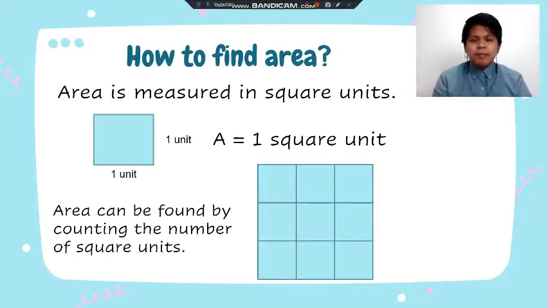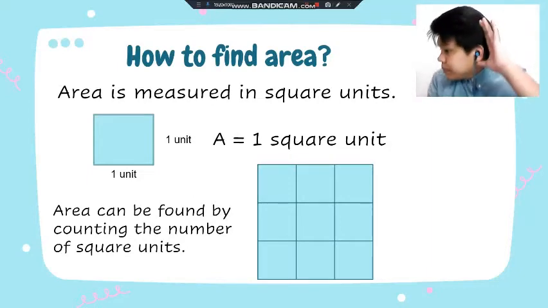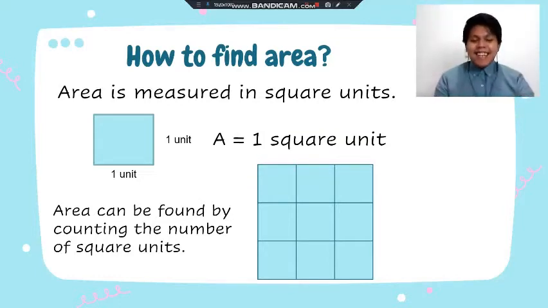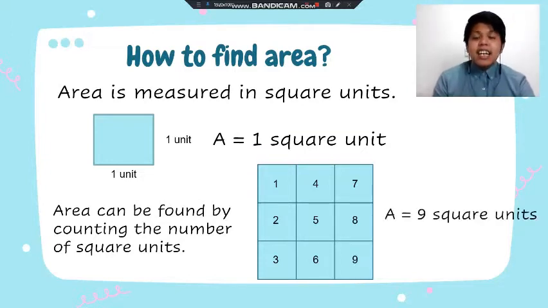How many is the area of this shape? Let's check your answers. We have 1 square unit, 2, 3, 4, 5, 6, 7, 8, and lastly 9. So that is 9 square units.